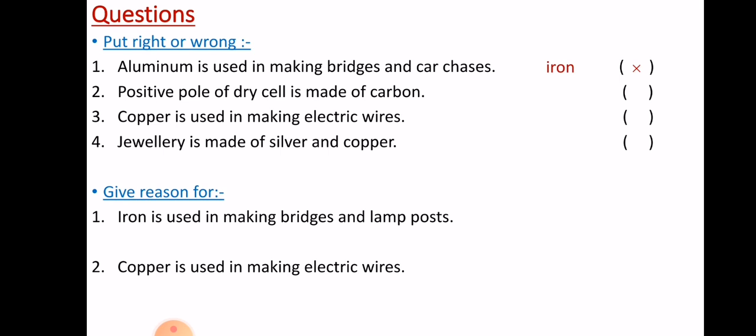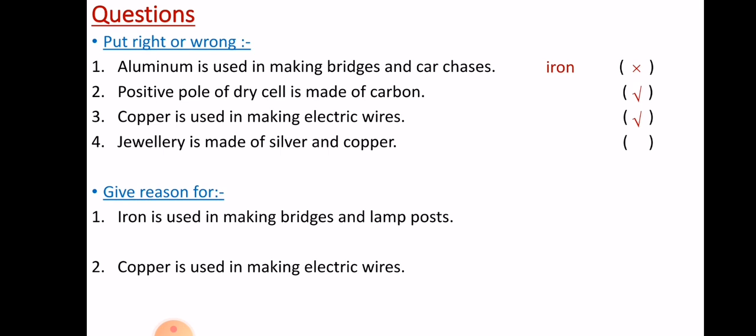Question number 2 says: the positive pole of a dry cell is made of carbon. The right answer is right. Number 3, copper is used in making electric wires. The answer is right. Question number 4, jewelry is made of silver and copper.